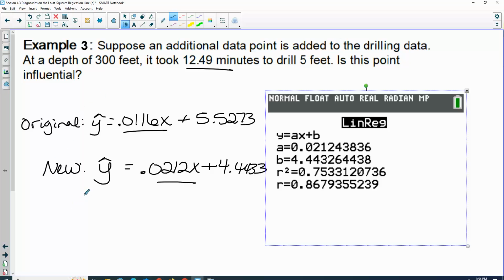So would you call this an influential point? Yes. It was an outlier. It changed our line.